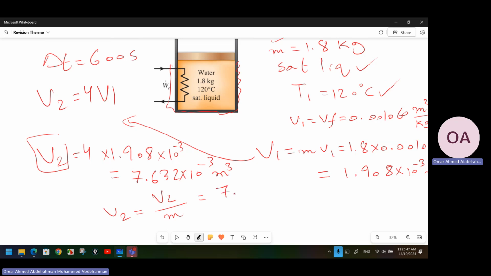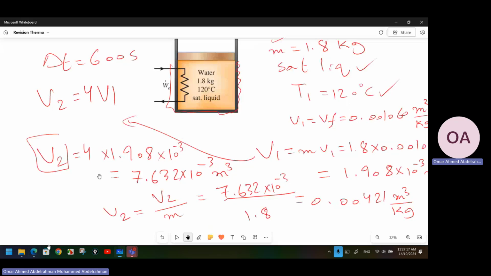V2 is 7.632 times 10 to the power negative 3, and the mass is 1.8. Then the specific volume for state 2 is 0.00421 meter cubed per kilogram. So now I have one property at state 2, and I need another piece of information. You will not find it unless you think about the question.